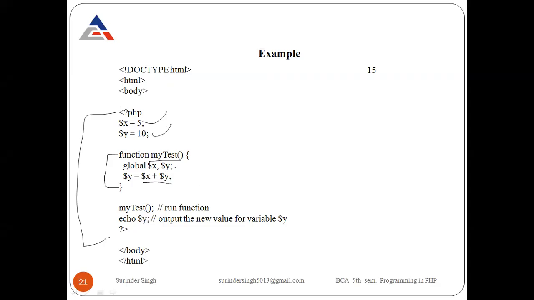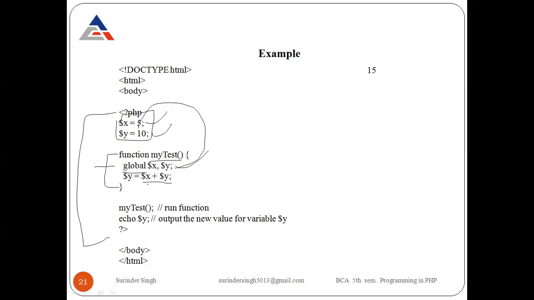Clear? First we use global X and Y. We have declared X and Y. Clear? The global keyword means we are going to use these variables. Clear?